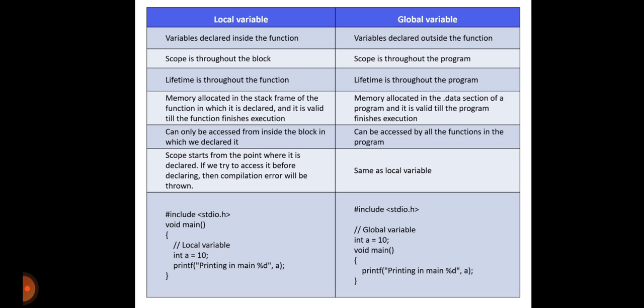Same with the global variable, a equals 10, void main, but here we are using void main after declaring an integer, but in local variable we are declaring the void main function at the starting of the program. Then printf in main %d and print value of a. So in this way is the difference between the local variable and global variable.